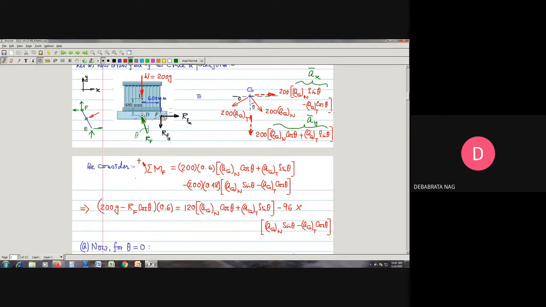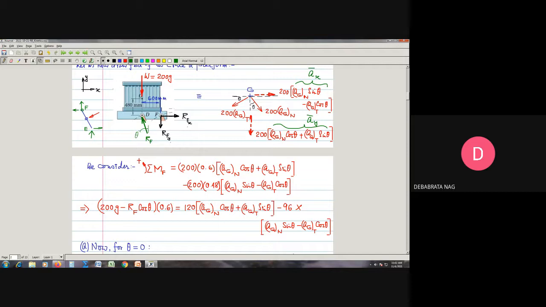Someone can also take the clockwise moment as positive, but then the anti-clockwise moment is to be treated as negative, while in this case the clockwise moment will be treated as negative.